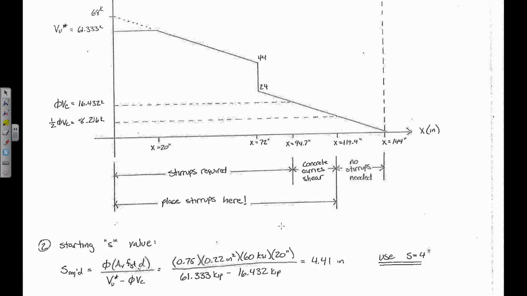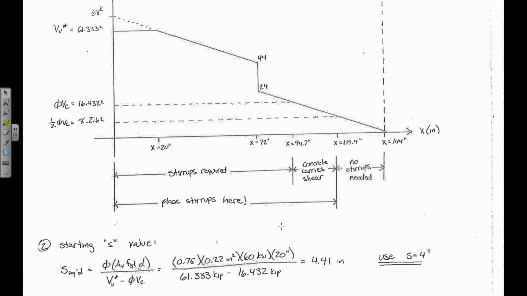Okay? So that's, starting at this point right here at the very beginning of the beam, what would be the stirrup spacing required right here? Okay? And so we use that VU star value. Remember, I'm just taking my phi V n expression and solving for S. Plug and chug. Make sure that your units are consistent, because I got inches squared, KSI, inches, kips, so it's all kips and inches. Plug and chug, and I get 4.41 inches.